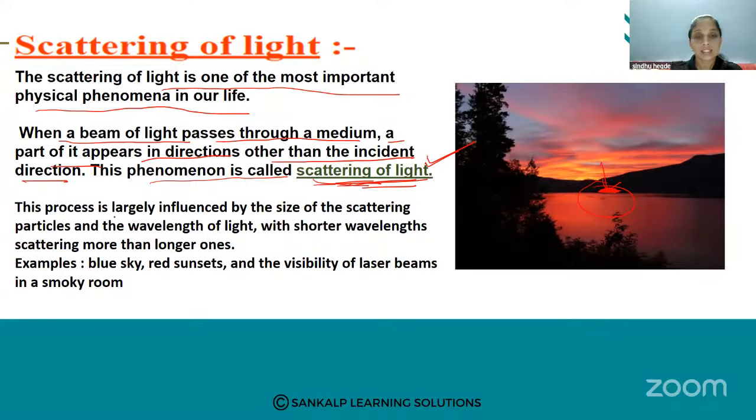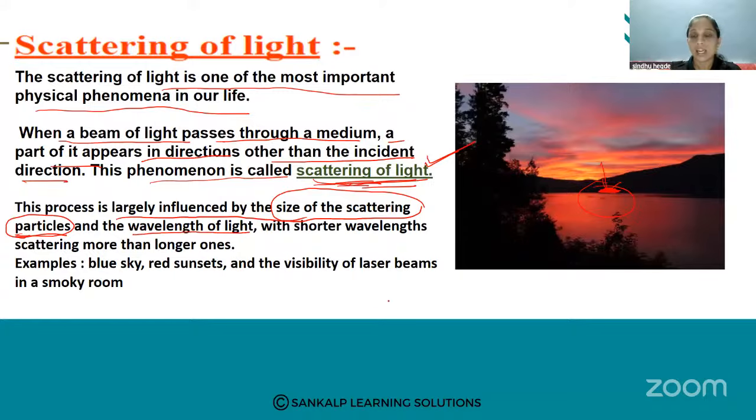Okay, like that, questions also come. This process, that is the scattering of light, is largely influenced by the size of the scattering particles. It's very, very important. The main reason for scattering of light is the different size of the particles present in the atmosphere. This is the main reason for the scattering of light. And another important reason is the wavelength of light.